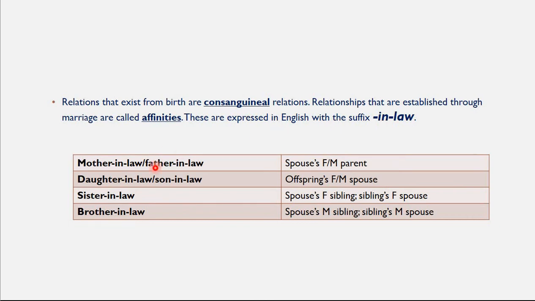So mother-in-law, father-in-law. In Turkish we have kaynana, kayınbaba, but in English it says spouse's female or male parent. And daughter-in-law, son-in-law, the offspring's female or male spouse. Sister-in-law is your wife's or your husband's sister. And brother-in-law is again the brother of your wife or your husband.